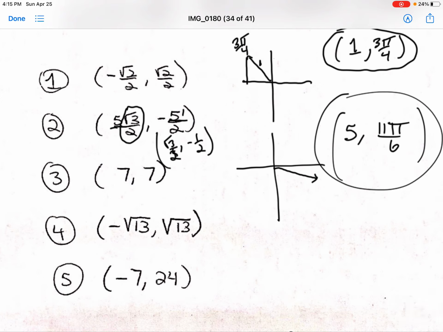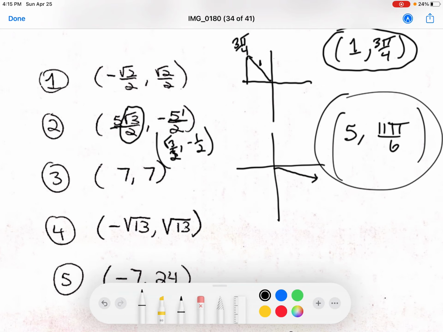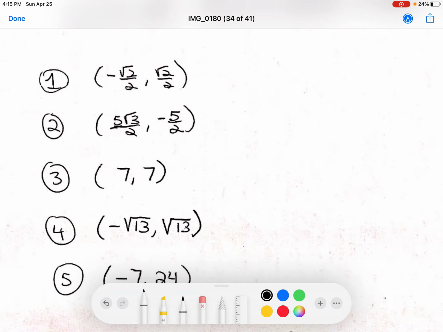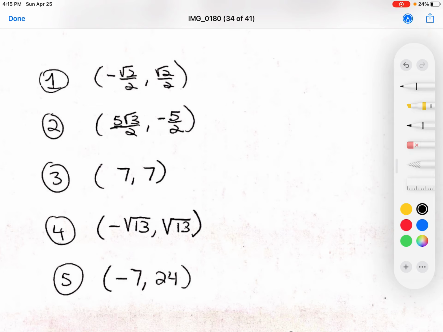So let's erase this and do number 3. All right, number 3. When you have x and y values that are the exact same, that's a 45, 45, 90 special right triangle. This is positive, positive, so we're in the first quadrant. If you remember on the 45, 45, 90s, whatever your leg length is, the hypotenuse, or the radius in this case, is that leg length times root 2.